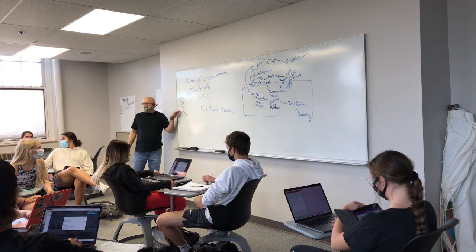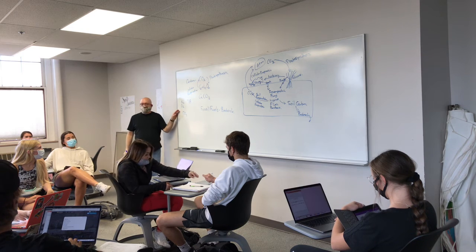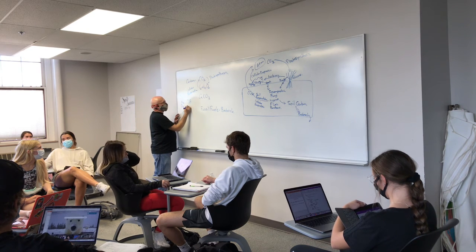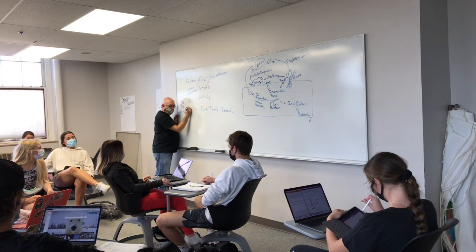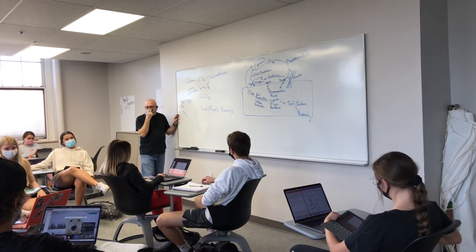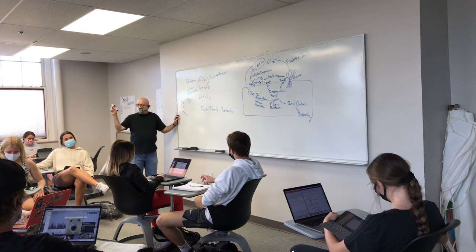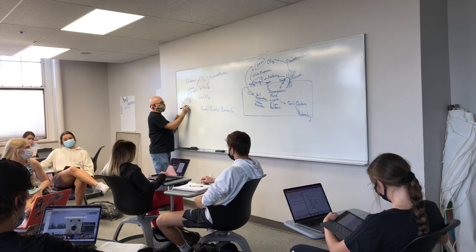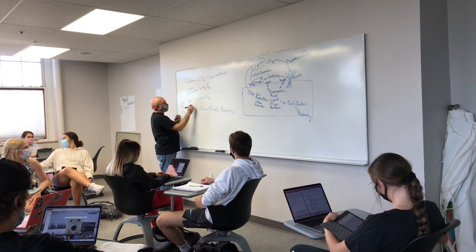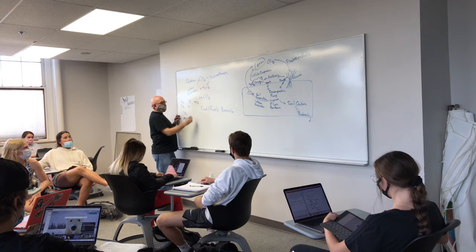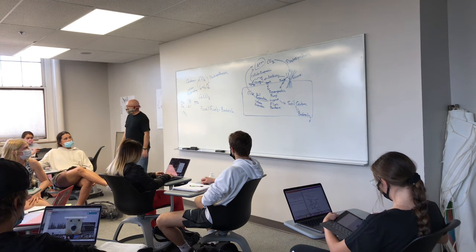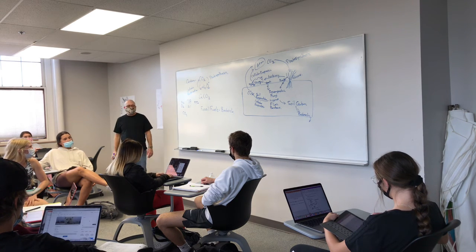What about oxygen? Just look up atmospheric composition. 21%. So 99% of the atmosphere is made up of nitrogen and oxygen. What is carbon dioxide?